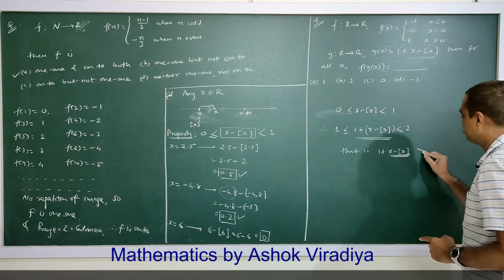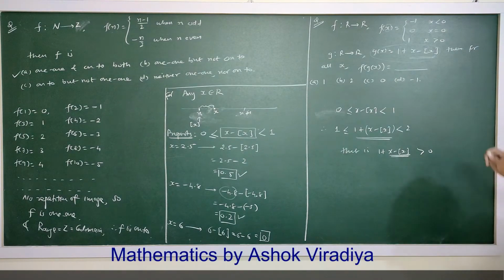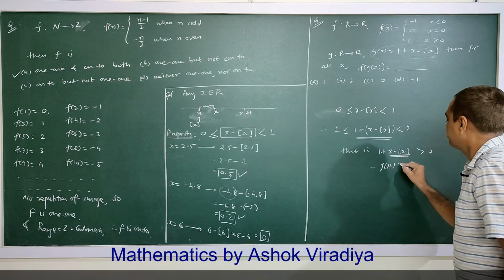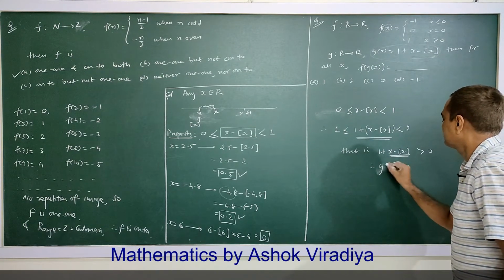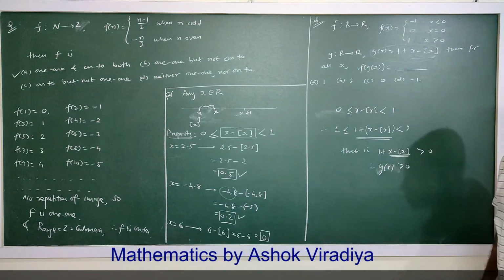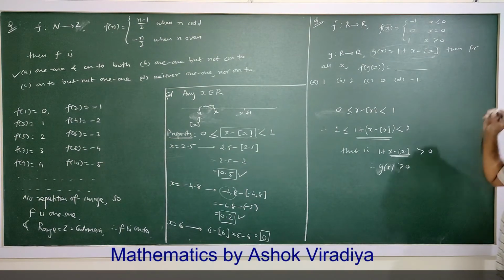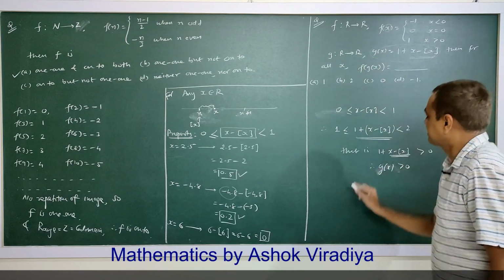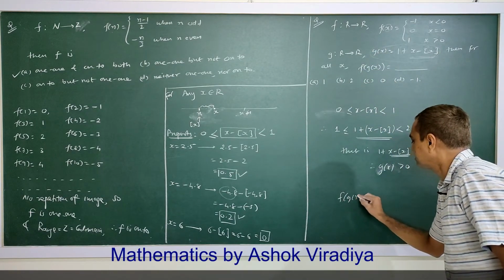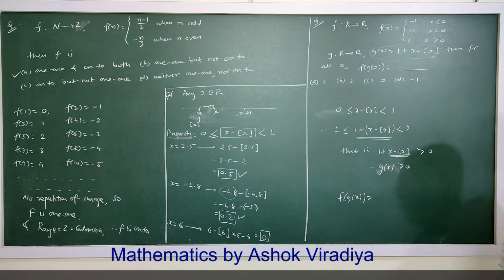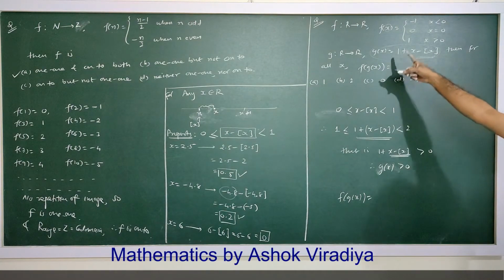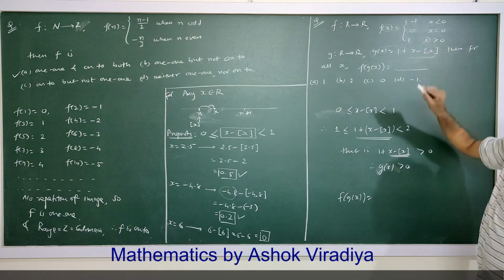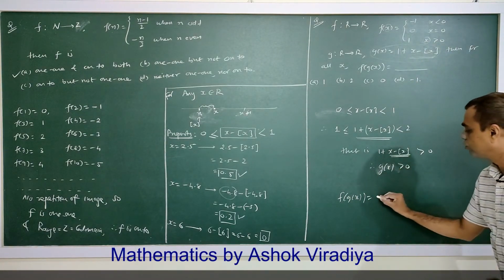So the value of g(x) is always positive. Now we want f(g(x)), and f(g(x)) is 1 if g(x) is positive.